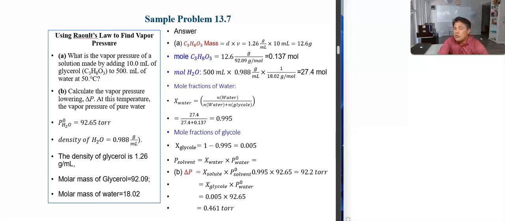Now let's find the mole of water also. 50 ml, and this is the density. We multiply with the density, convert that ml into gram, convert that gram into mole, and that is 27.4. So the mole of glycerol, C3H8O3, is equal to 0.137, so that much mole.